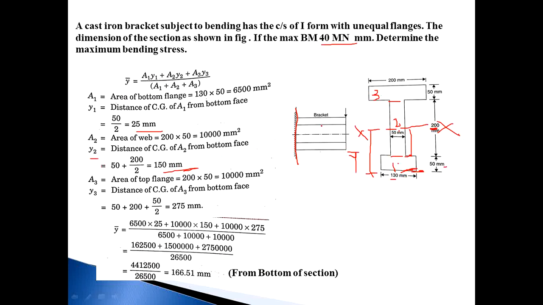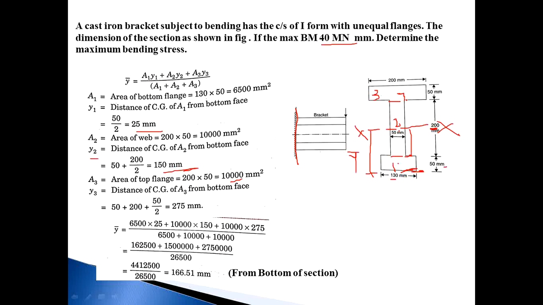Then next we move towards section number 3. The dimension of section number 3 becomes 200 by 50 mm, so the area A3 is equal to 10,000 mm square. Now the CG, that is Y3, for section number 3 from the bottom of the section. We know the depth of the section is 50 mm, so the CG becomes 50 divided by 2.